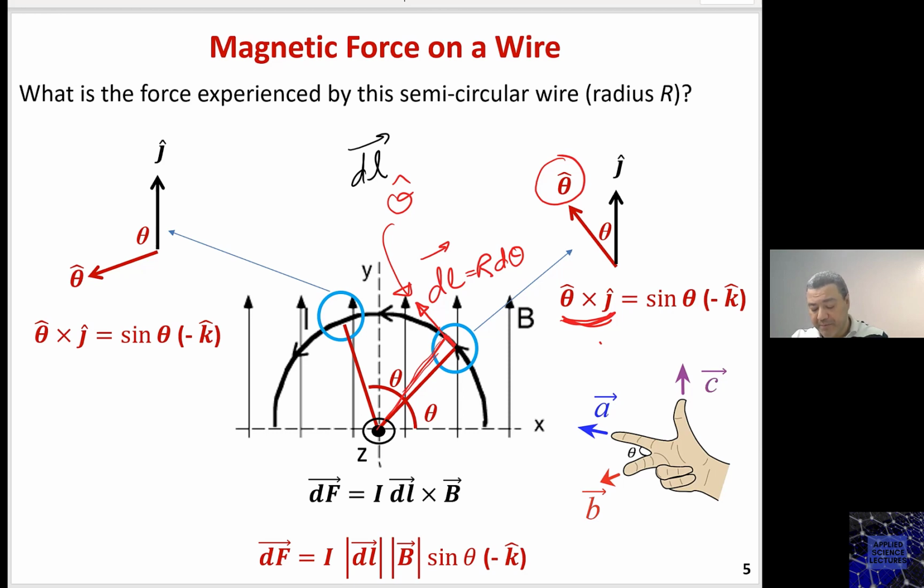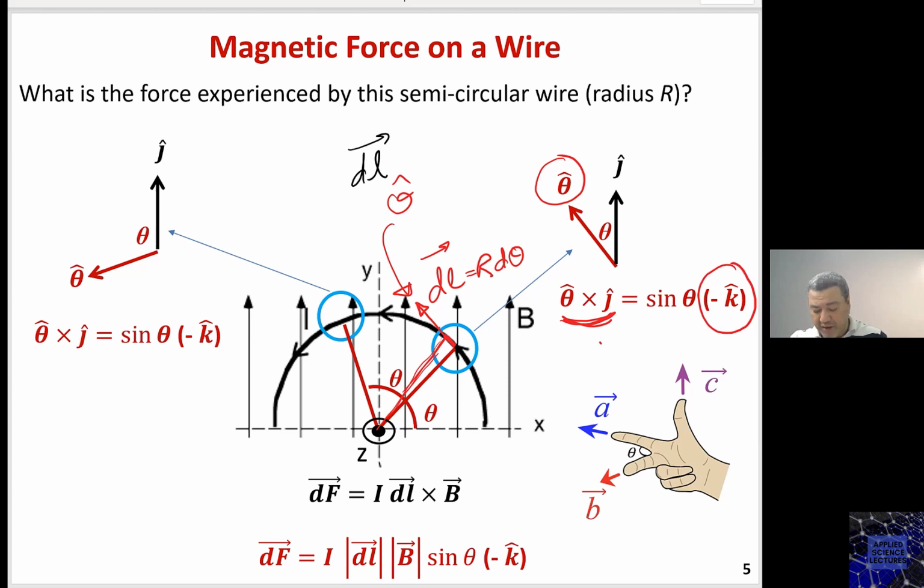If your index finger goes in the theta hat direction and your middle finger in the j hat direction, you will find that the resulting vector from that cross product is pointing in the negative z direction.